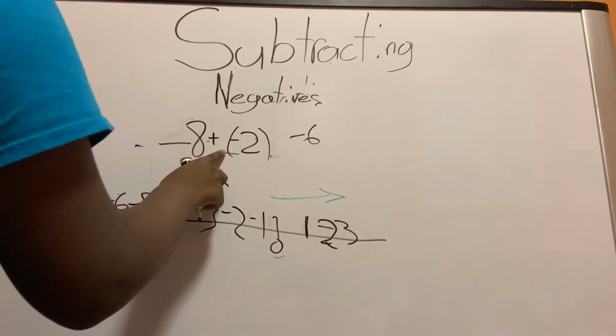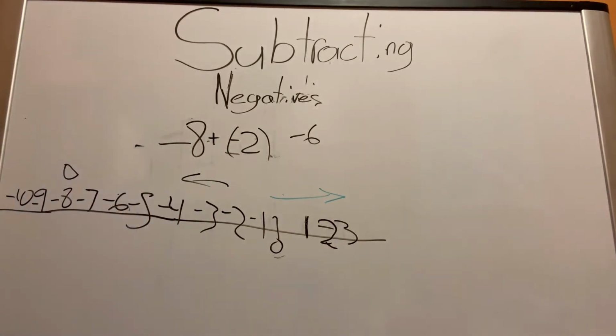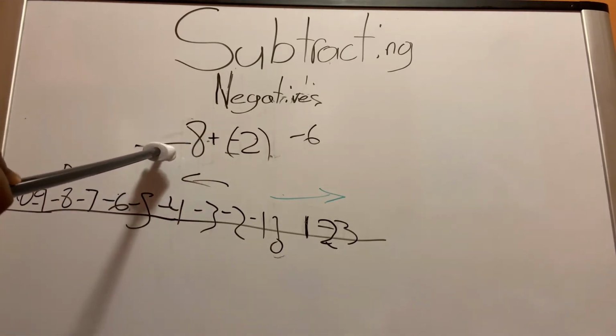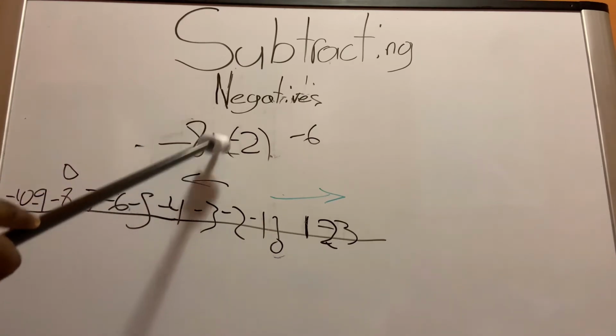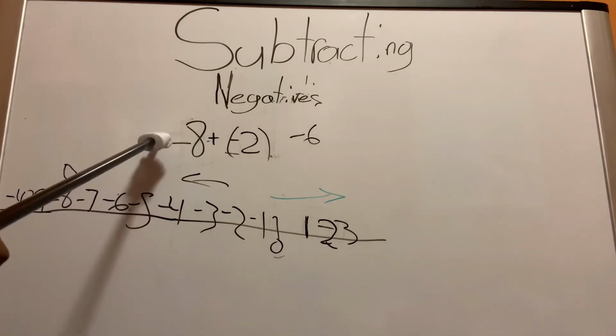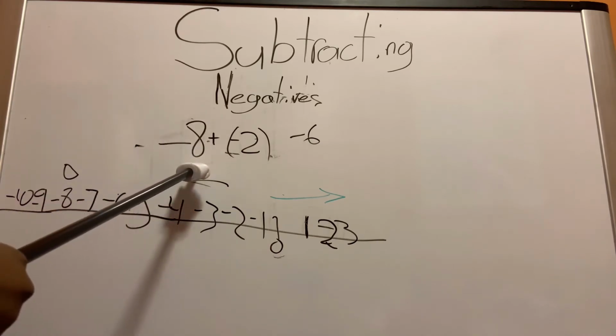The reason why I put parentheses over a number like that is because I have two signs: the minus sign, a plus sign, and a negative sign right next to each other. So nobody gets confused, I put the negative 8 plus negative 2.